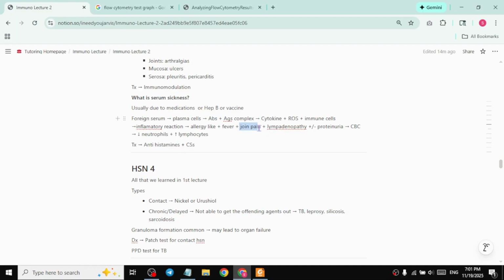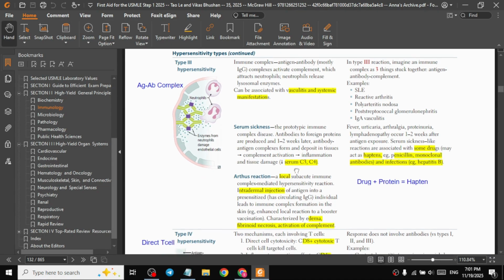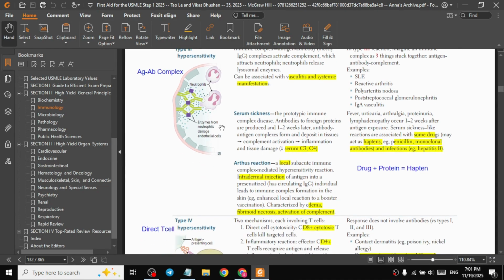But with joint pain and lymphadenopathy, plus you may see proteinuria, right? Because you're causing kidney damage, joint damage, mucosal damage, etc., right? That is called serum sickness. So because of an inciting event, it could be any sort of drug or hepatitis B or something, you have complement activation and inflammation and tissue damage. That's what we're going for.